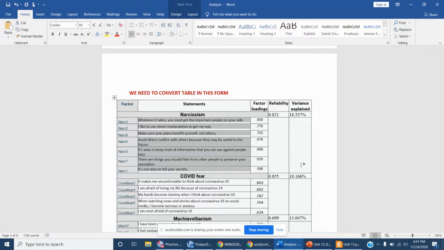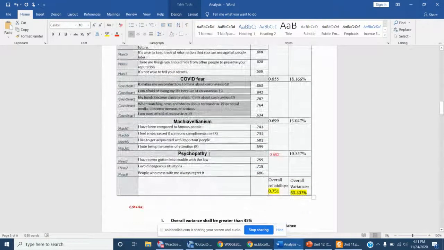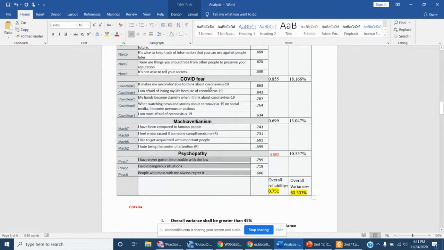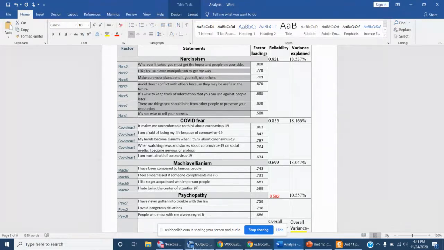We need a singular value of narcissism, a singular value of COVID fear, and similarly a singular value of these two factors as well. Each factor should be represented by a singular value, and this singular value will be established through an index.